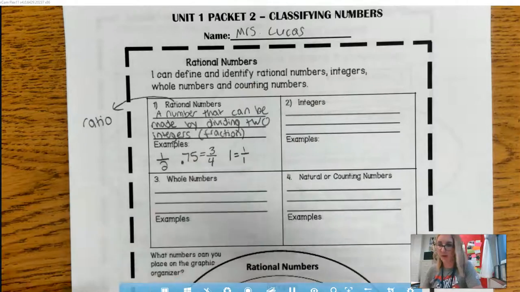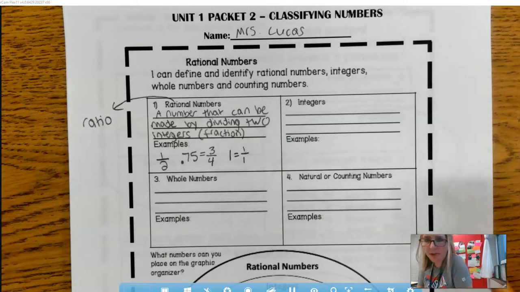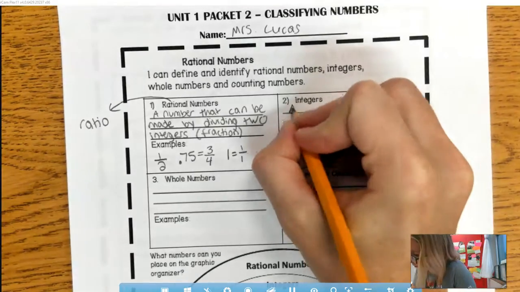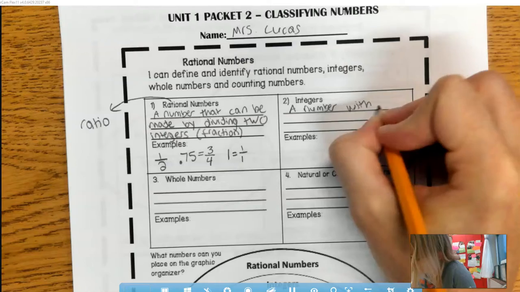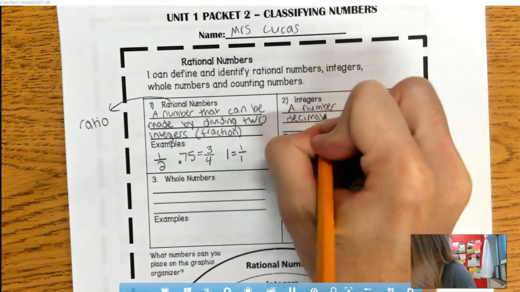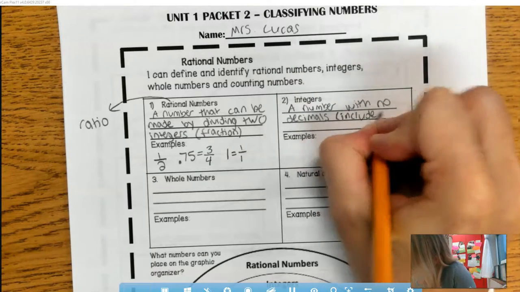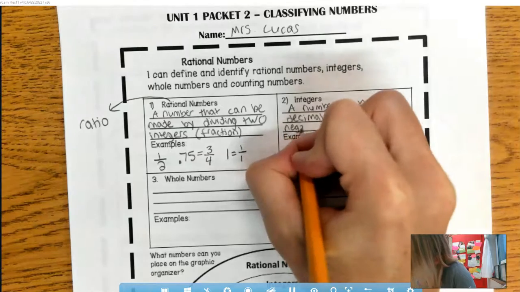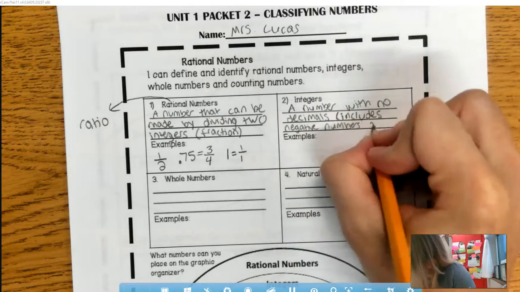We'll get to more examples in a second. I just don't want to fill up your whole page. Next up is integers. Integers are numbers with no decimals. This includes negative numbers and 0.